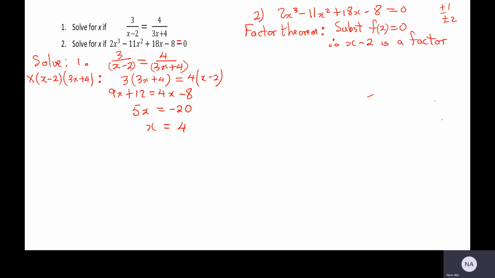Now, how do you find the other factors? I know there are different ways that you did it at school. Some of you did synthetic, which I'm going to do. You could do long division, as we did in the previous lecture, and then equating coefficients.